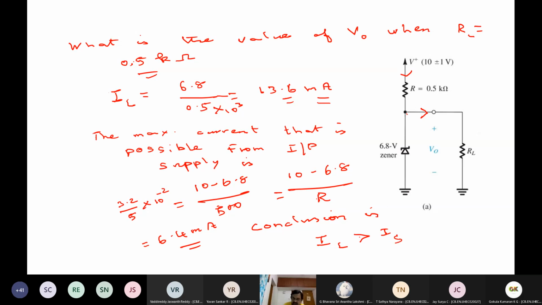This conclusion tells me that the Zener must not be in operation.